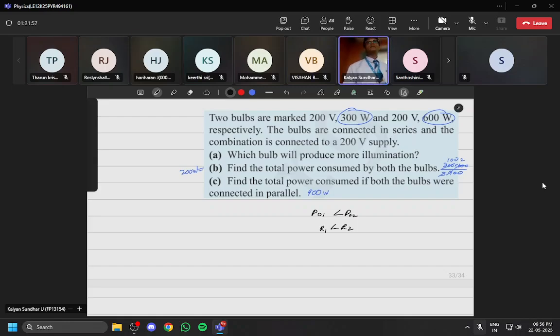Sir, they are connected in series. In series, isn't P01 greater than P02?